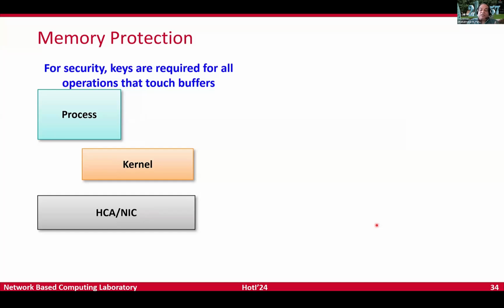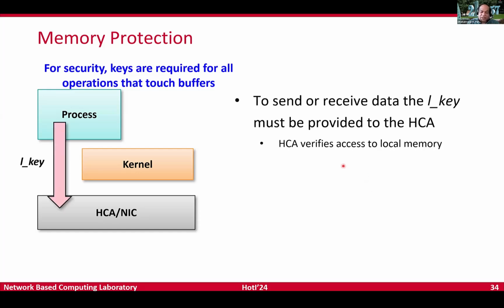Most of the time this is done in initialization so that you are not affecting the actual communication, but sometimes you can also do it on demand. The performance will get affected a little bit, but that also gives flexibility so that you can register more and more memory. Once you do that, when you actually send your message, in addition to the actual data, you send this key called the L key, or the local key.